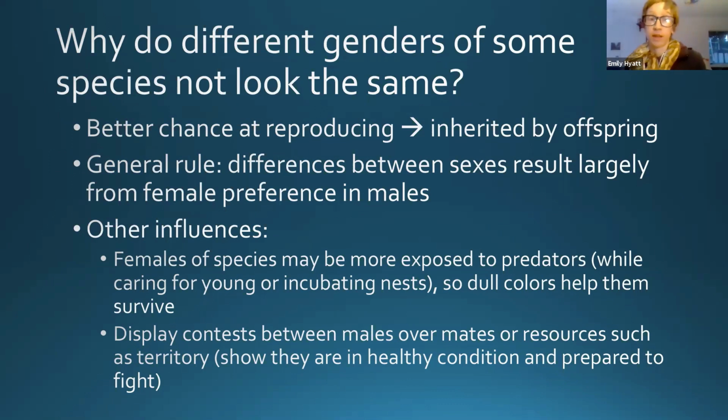Other influences besides specific choice by males or females is predation. So if you've got a lot of flashy colors and you're more visible to predators, you're probably going to have less of a chance to reproduce.